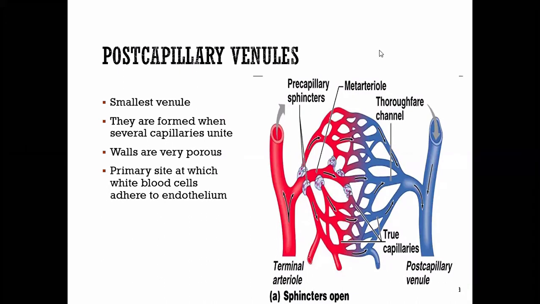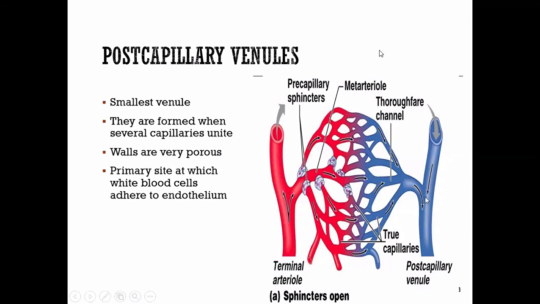Postcapillary venules. The smallest venules are formed when several capillaries unite. So this is your venule. When these small capillaries form together, they form the postcapillary venule. These are your capillaries, and this is now your postcapillary venule.